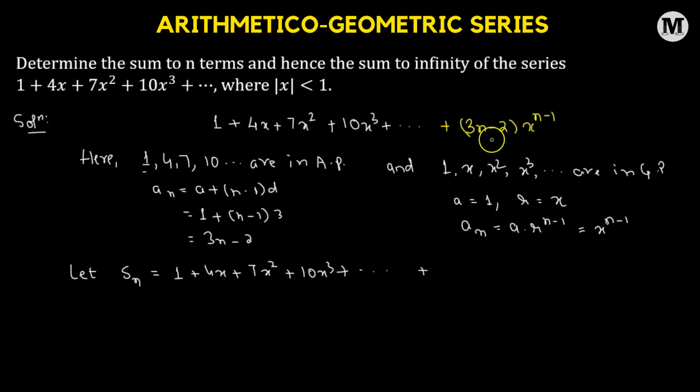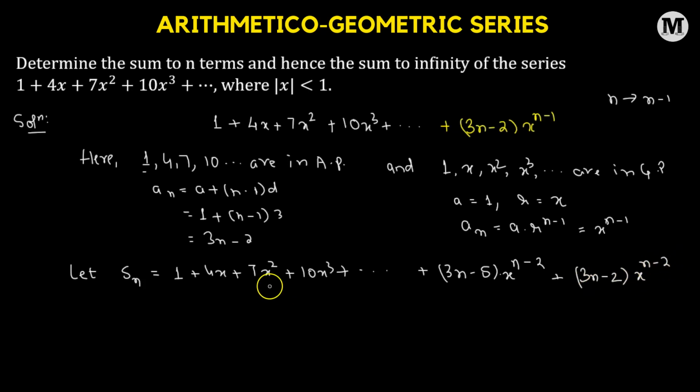Now to find the second last term, we'll consider the nth term of the series, and wherever we see n, we're going to replace that n value with n minus 1. So when you replace n with n minus 1, 3n minus 2 becomes 3n minus 5. To it, we multiply x raised to the power of n minus 2.